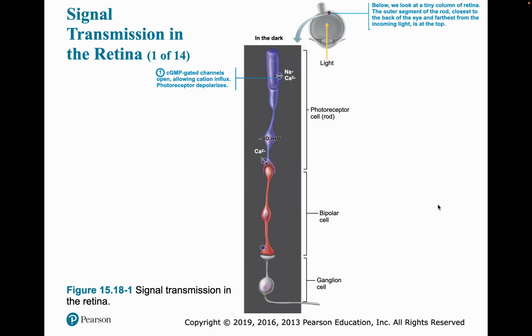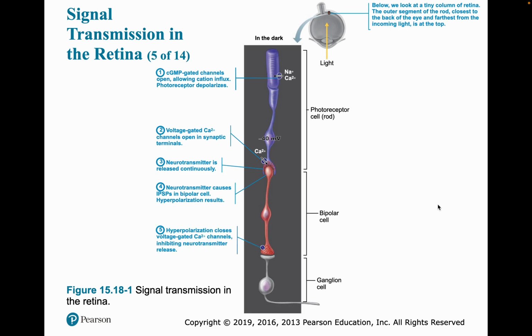So cyclic GMP gated channels open, that allows calcium influx, and the photoreceptor depolarizes. The voltage-gated calcium channels open in the synaptic terminal. The neurotransmitter is released continuously. That neurotransmitter causes graded potentials in bipolar cells, resulting in hyperpolarization.